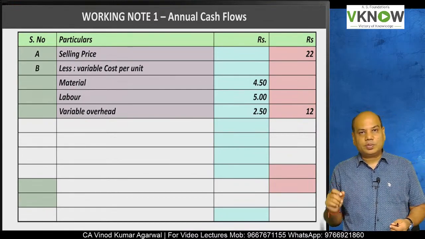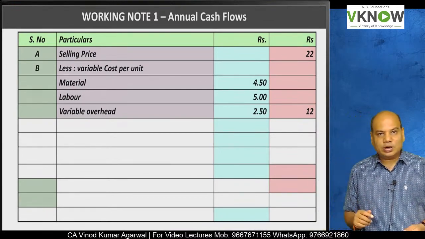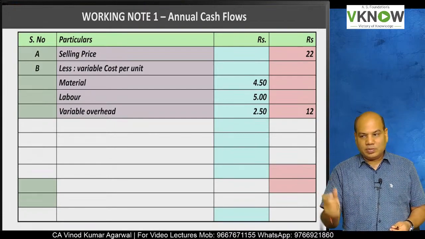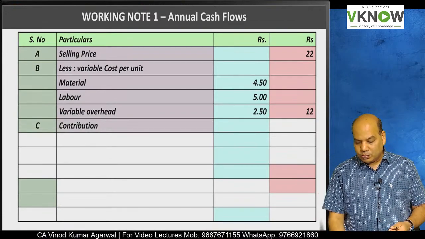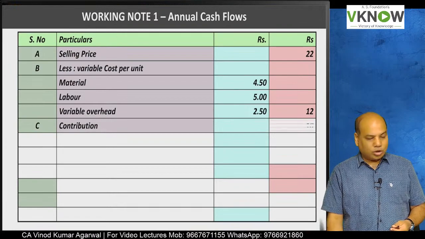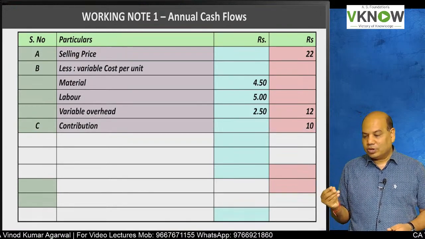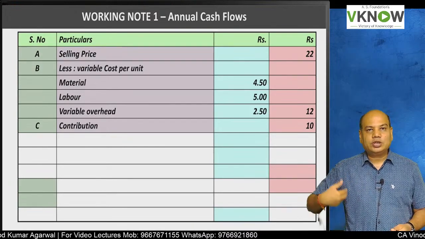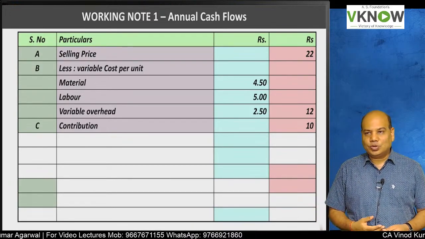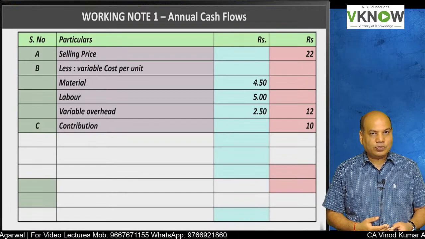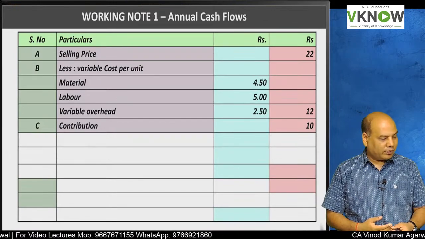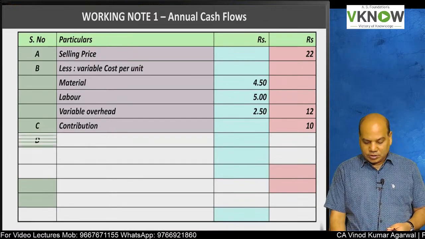Together they are 12 rupees. 22 will be my selling price, 12 rupees my variable cost. So contribution means sales minus variable cost. How much each unit is contributing towards recovery of fixed overhead and towards profit. So that is 10 rupees.